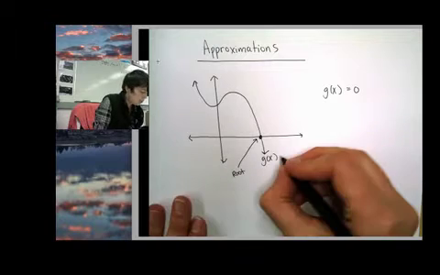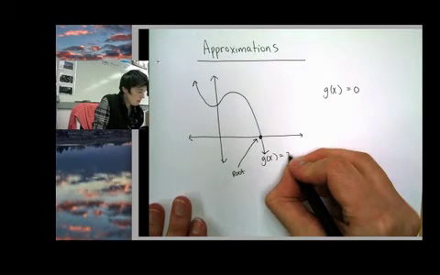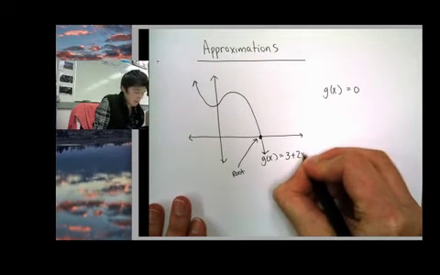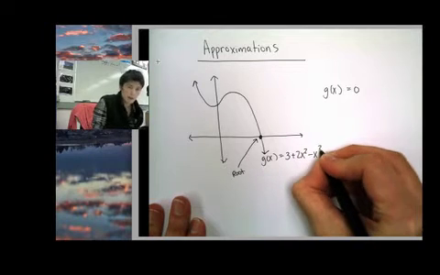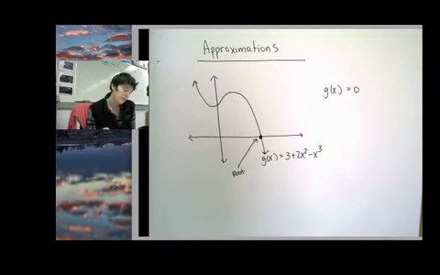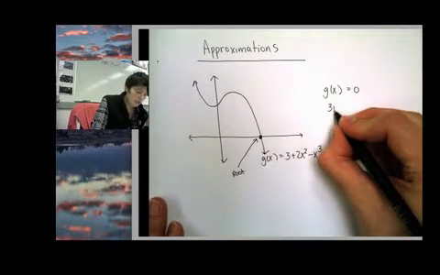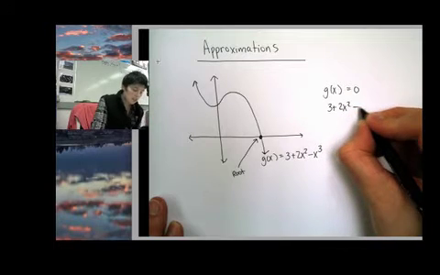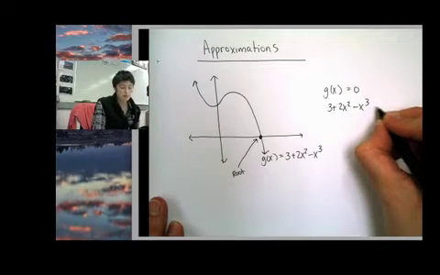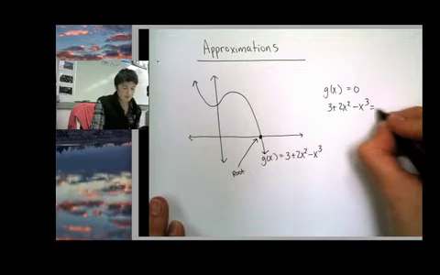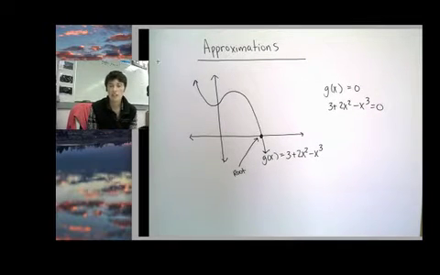Like, I'm going to make this up. G of x equals 3 plus 2x squared minus x to the third power. That's what this graph is. So if I had to set all of that equal to 0, I would have 3 plus 2x squared minus x cubed equals 0, and I'd want to solve for x.